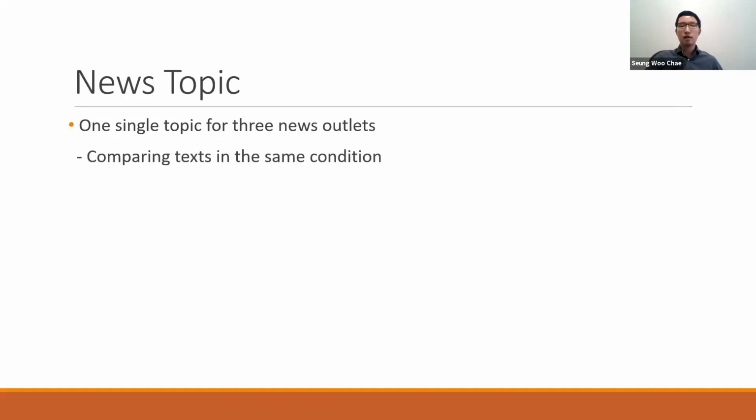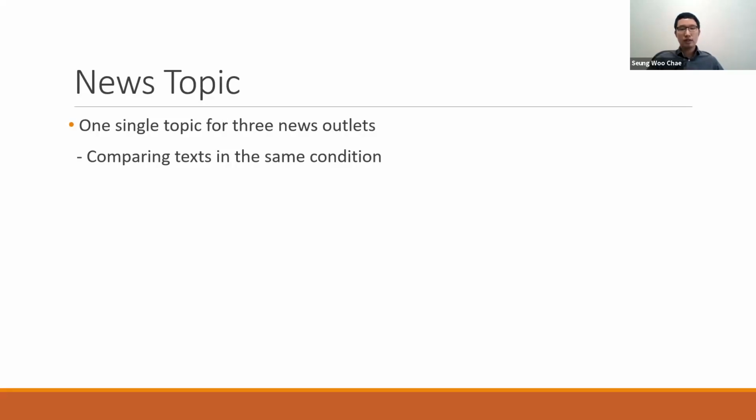First, about the news topic, I decided to choose a single one, as I said, for news reports from different news outlets, because if the news content is not the same, we could not guess whether the difference across the news reports originated from their political orientation or from the content itself.